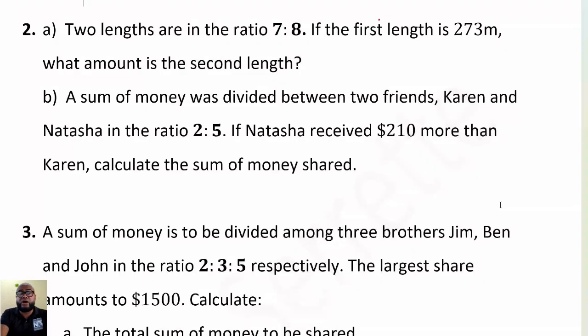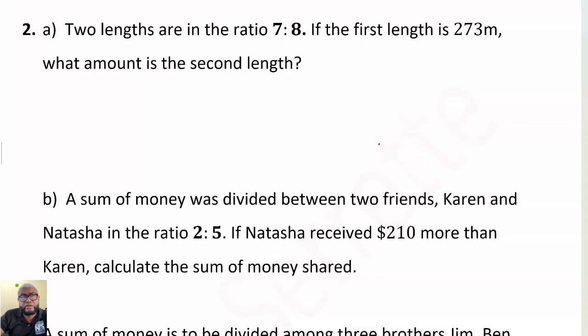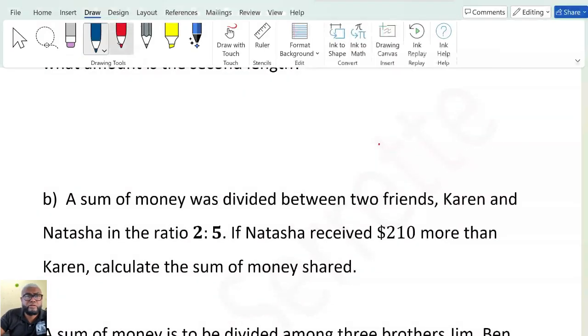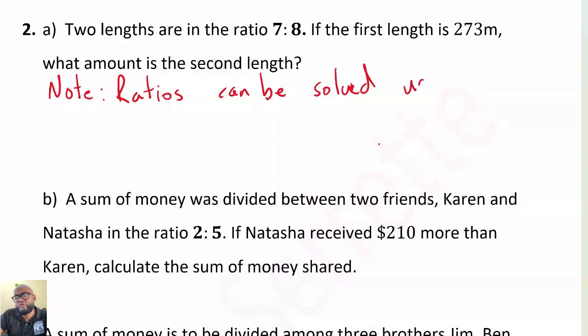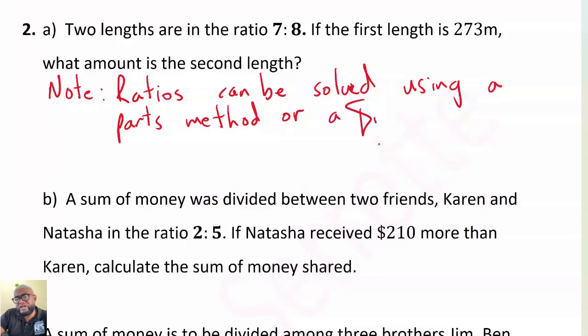Now, I want to put this out here one time, right? Note. Notes. Ratios can be solved using a parts method or a fraction method.